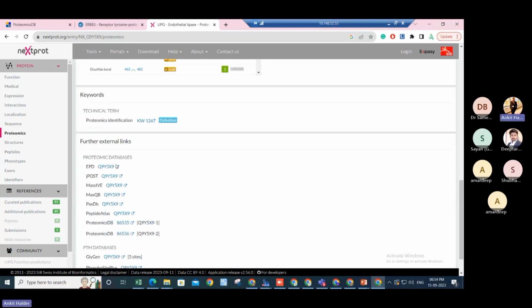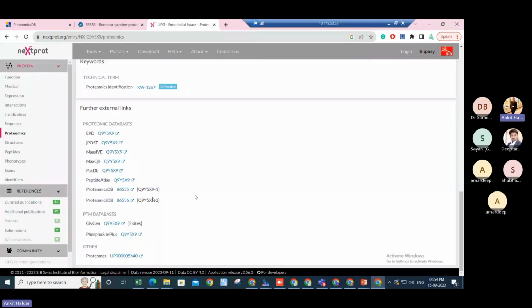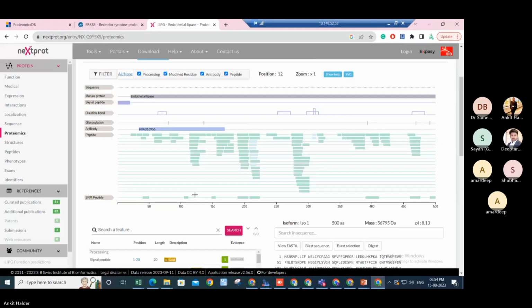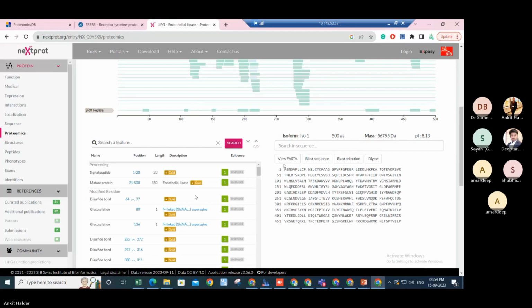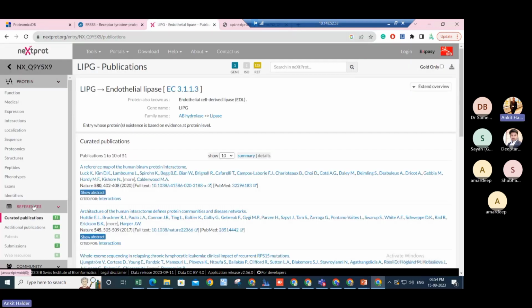Further, here you can see they have mentioned proteomics DB, PeptideAtlas, and all PTM databases, and you can have your FASTA sequence as well. So you can see where the reference curated publication databases are, which have reported about these particular proteins.